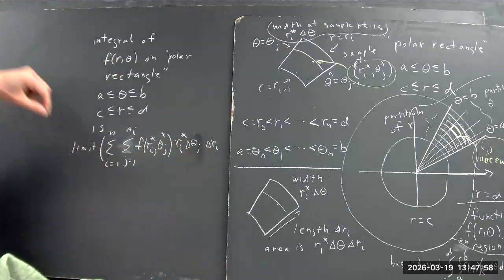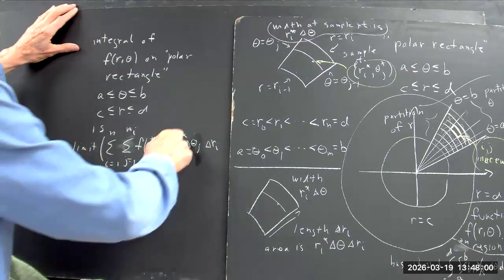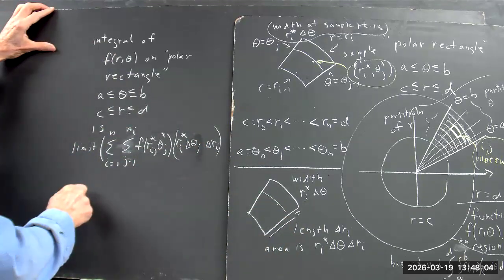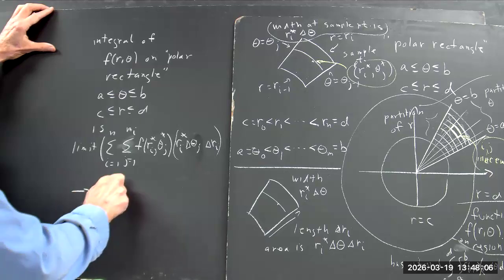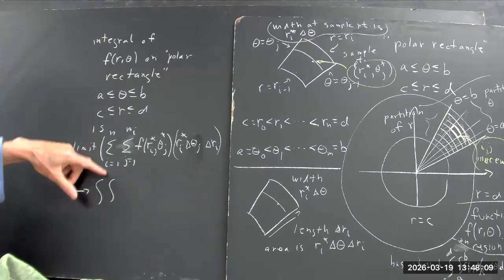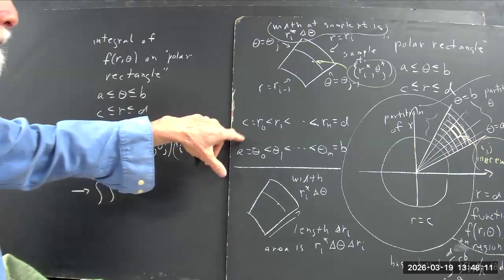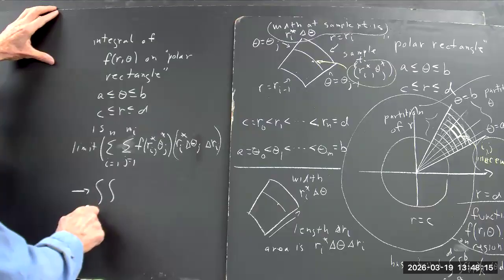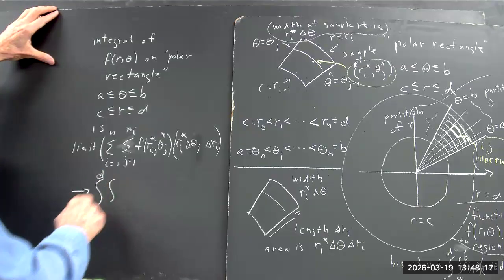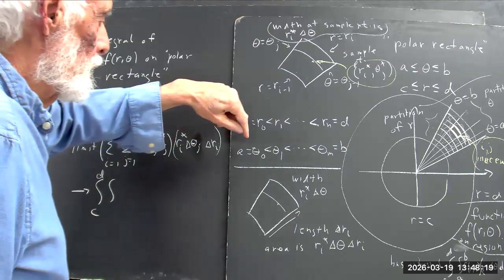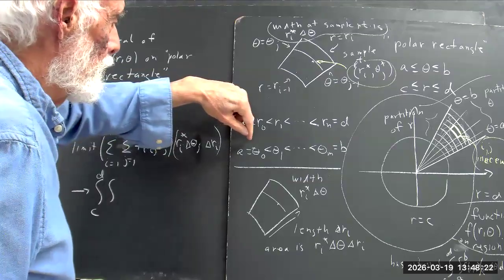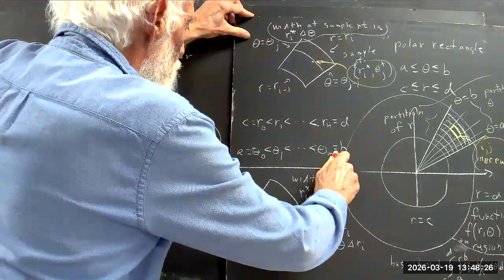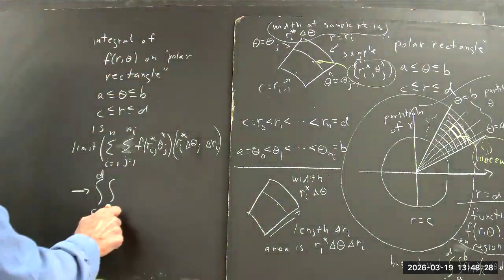Because of this, the integral of this function on the polar rectangle can be written like this. Delta theta sub j delta r sub i. Okay, right here's your area increment, just as I set it down here, which approaches the sum i equals 1 to n. That's from c to d, that's your partition of r, and theta from 0 to m, and it should probably be m sub i, corresponding to the ith interval.